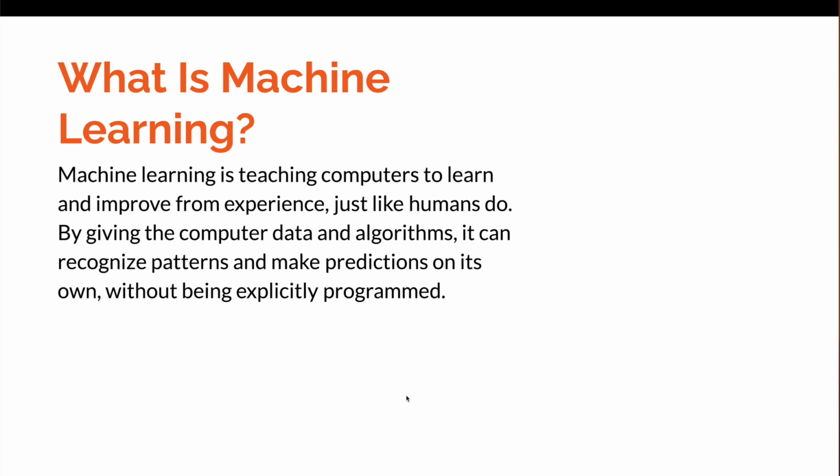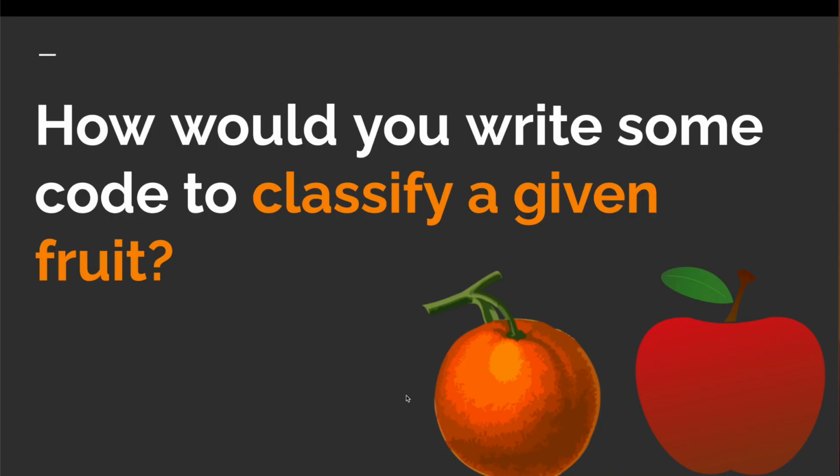The machine learning model can make predictions on future pieces of data that it hasn't seen before. And they can do this without being explicitly programmed, right? So if you try to explicitly program something like this, you would run into many, many problems. So this is where machine learning comes in and helps us solve these problems that cannot be done by being explicitly programmed. Right, so let's just move on.